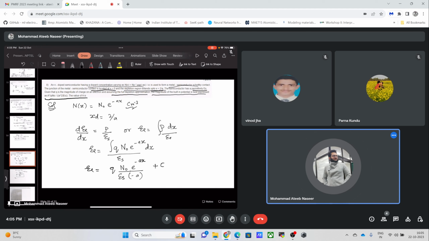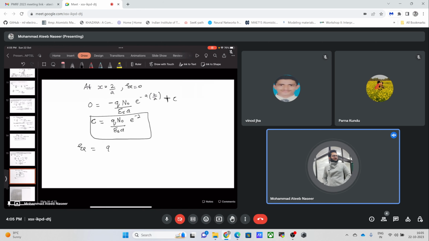So let's take it common, this q n naught by epsilon s a. I have taken it common, it is equal to exponential of minus ax, and this thing is plus, so it would be minus exponential of minus 2. So let us check. Yes, it is correct. So this is the relation for the electric field.